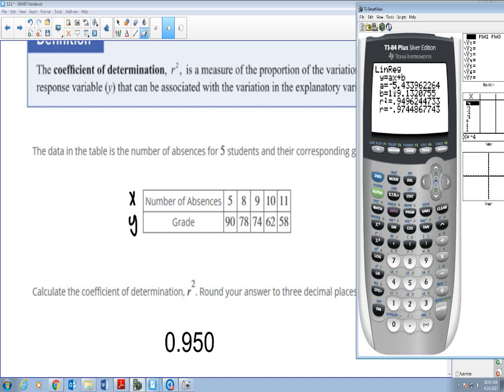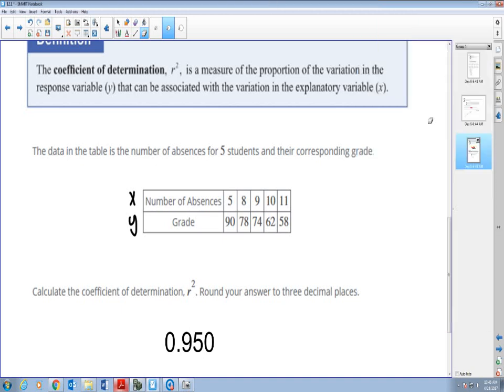A is your slope, so my slope is negative 5.43 something. My y-intercept, which is the b, is at 119. So once I got my linear model or linear equation, now we can make our predictions. That's the purpose of drawing this linear regression.